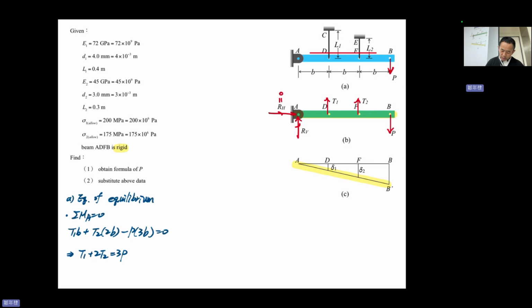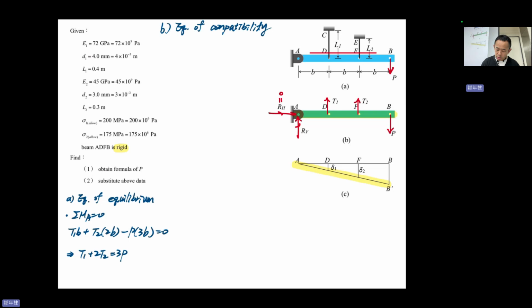The next part, B, equation of compatibility. Compatibility depends on the geometry. So what is the geometry? The bar is rigid, so it doesn't deform. So delta 1 and delta 2 must satisfy this straight line because it's not deformed, a similar triangle here.